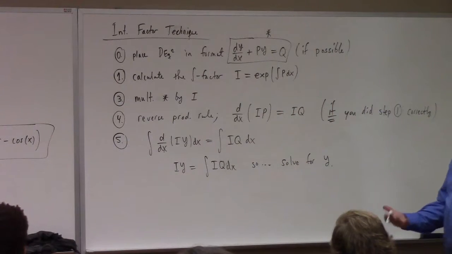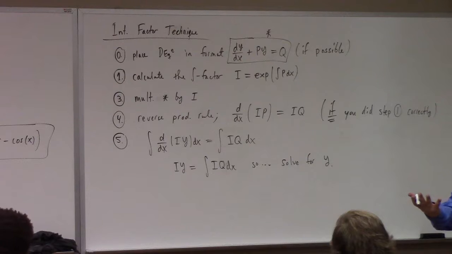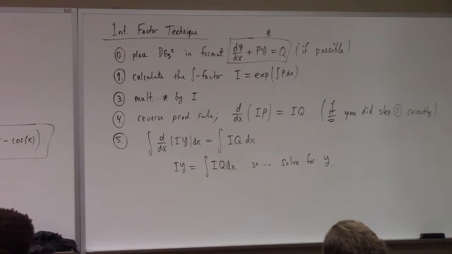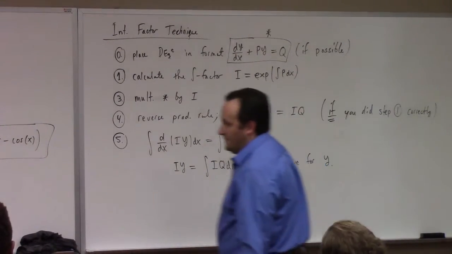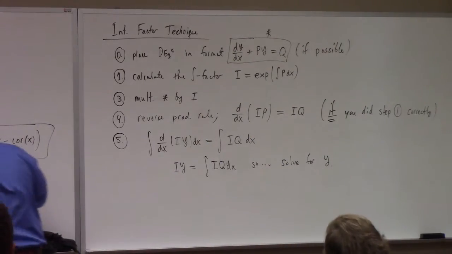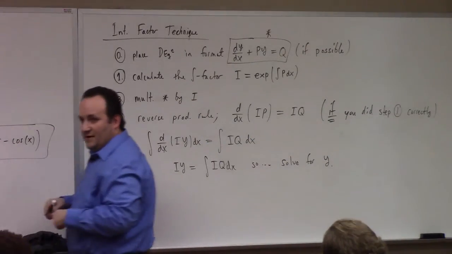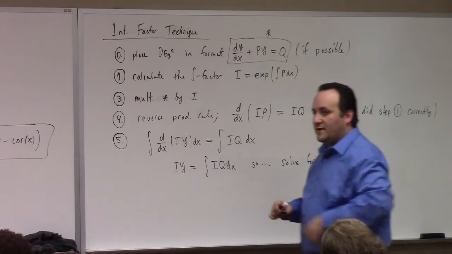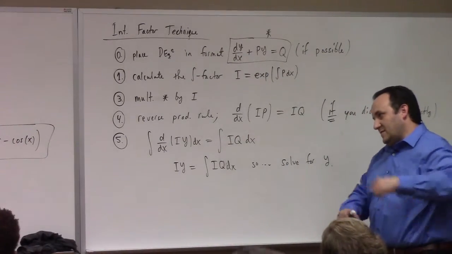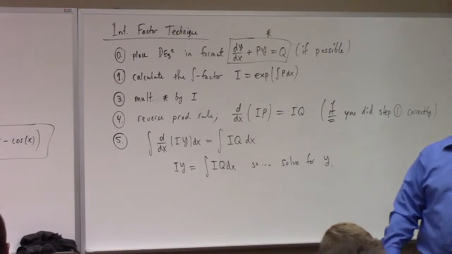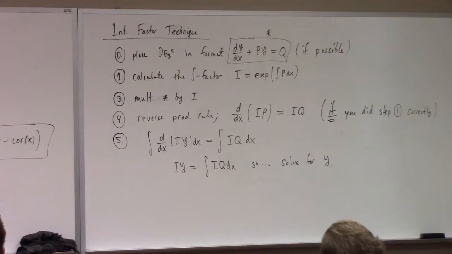And be careful to add C in the process of the calculation and not at the end. We do not just wait till the end of the problem to add the constant. We add the constant here, not after I've solved for y. You have to add the constant, then solve for y, because the constant gets all intermixed with the formula. It's not usually additive.